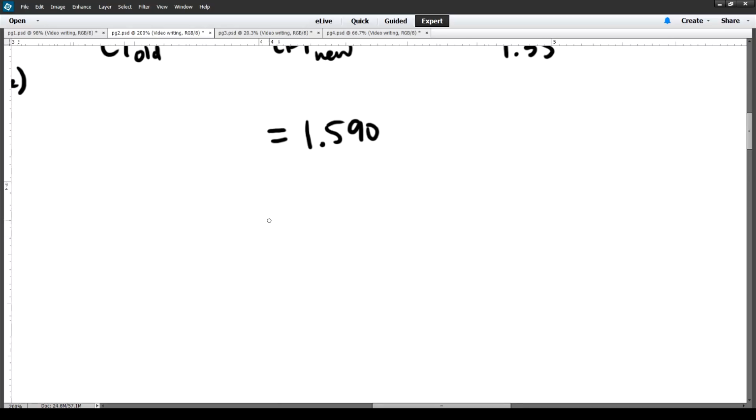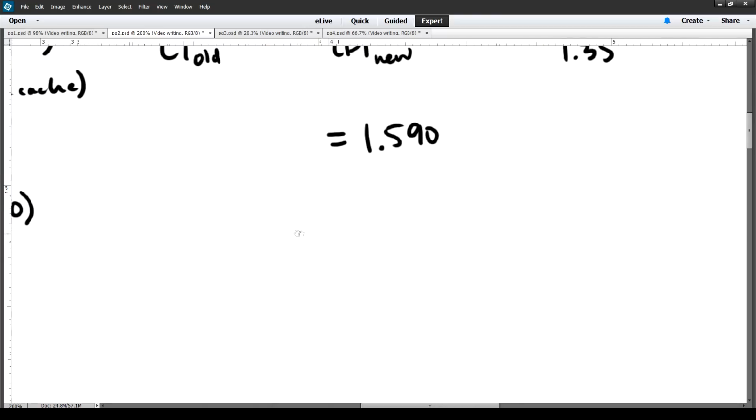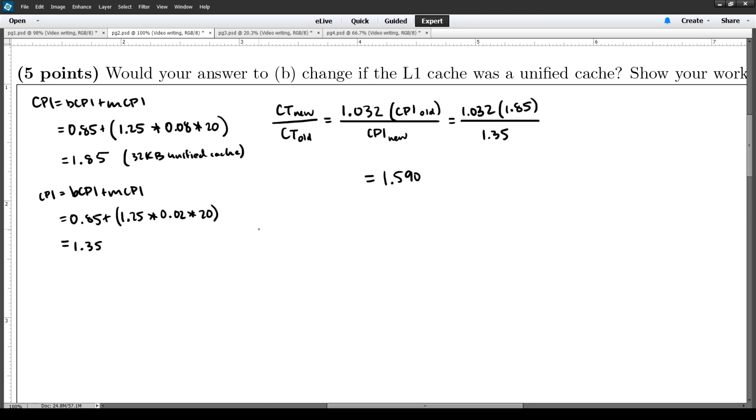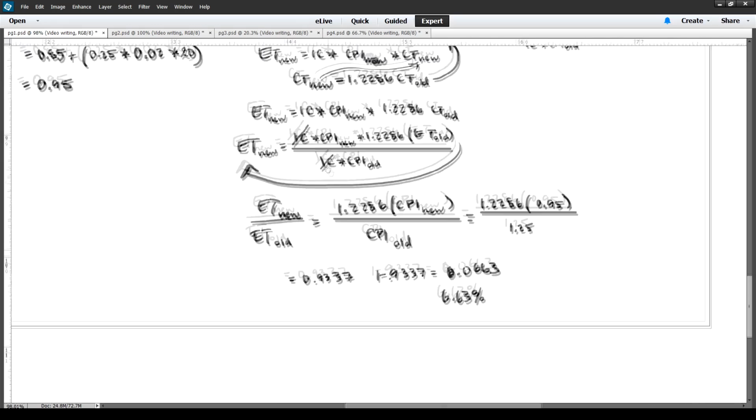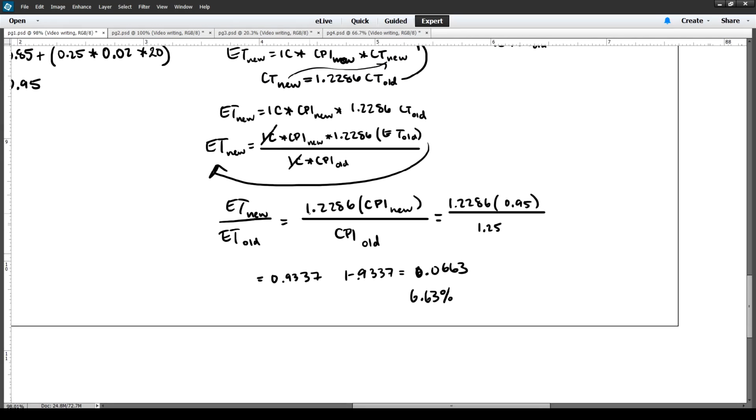So now we have the cycle time ratio. We're going to solve for the execution time ratio, as we were supposed to do in problem 1b. So we're just going to use the formula that we found in 1b again. But instead of using this 1.2286, I'm just going to use what we found for the cycle time ratio in problem 1c so far.